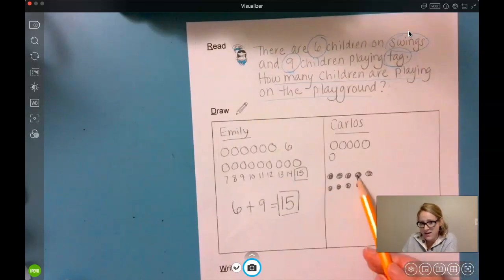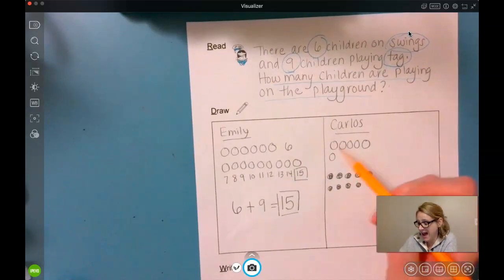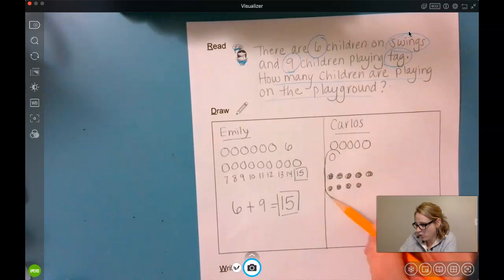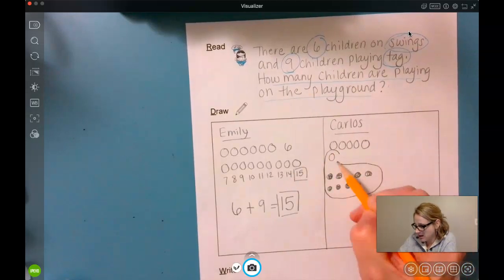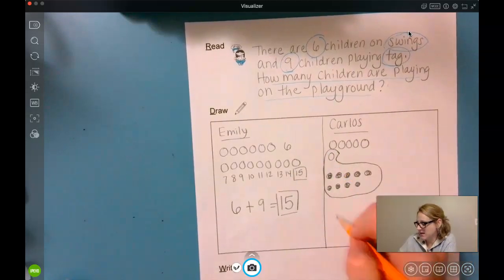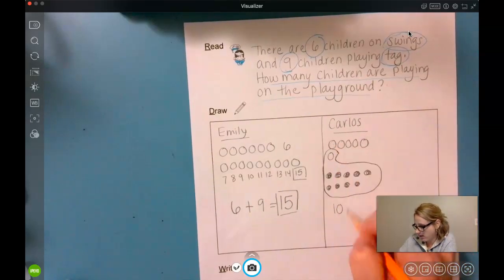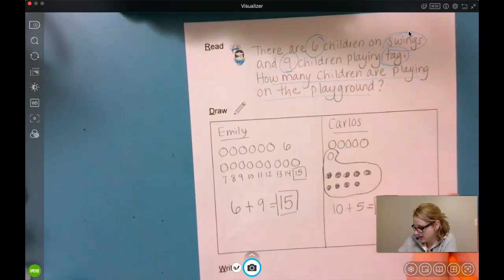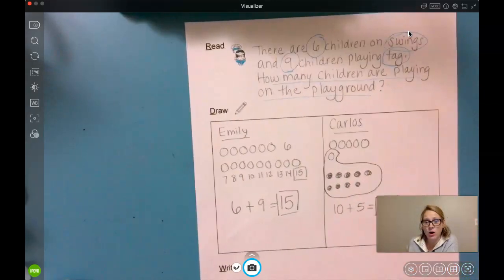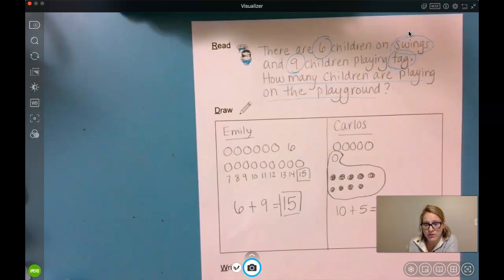He saw that 9 only needs 1 more to make 10, and he took that 1 more from the 6. And he said 10 plus 5 equals 15. And there were 15 children on the playground.